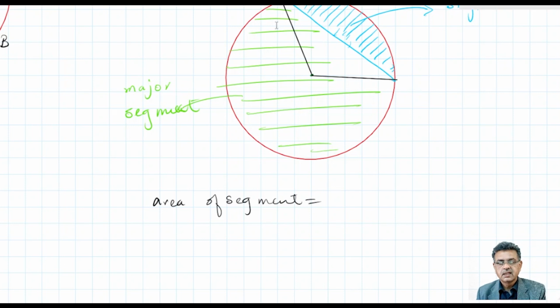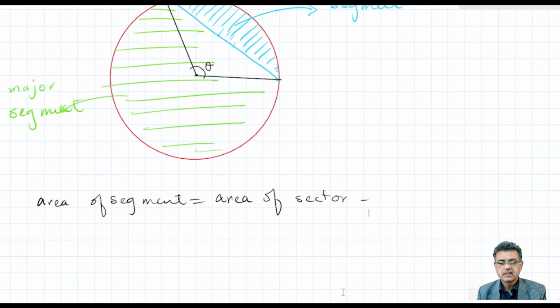This is actually area of this whole sector. If this angle here, that is theta, then area of sector minus area of triangle.